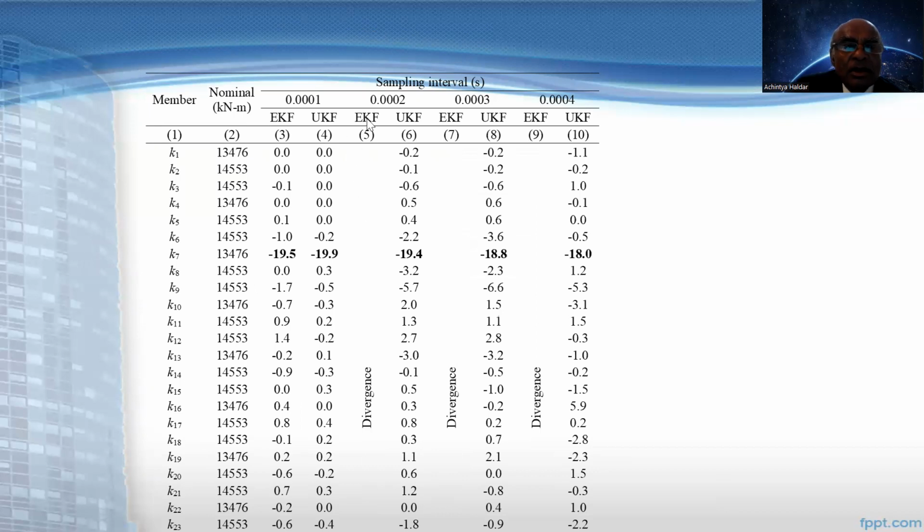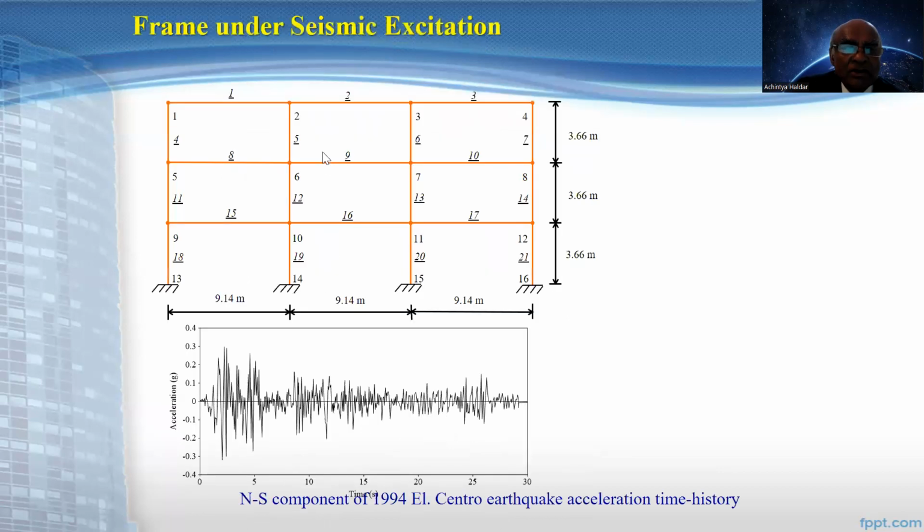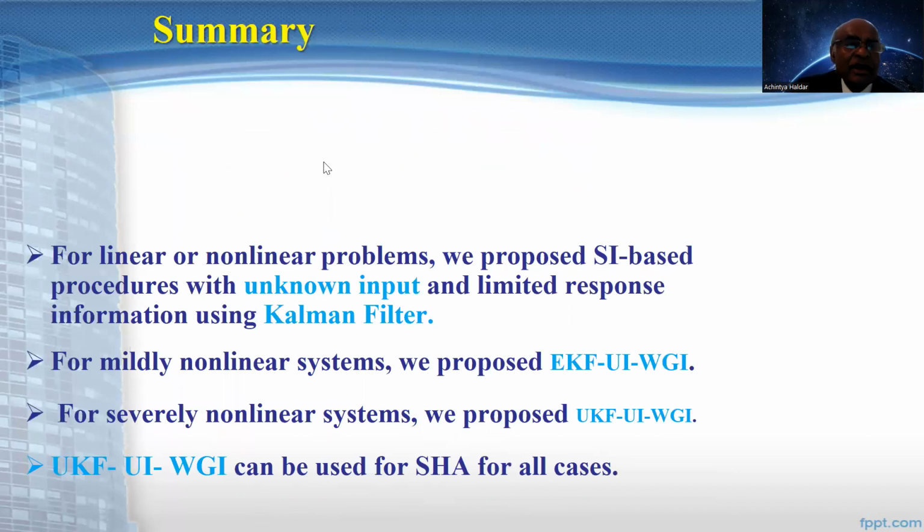But when I increase the sampling interval a little bit, the EKF does not converge, but the unscented Kalman filter does converge. We then verified the method for seismic excitation, and we took only the substructure here and identified the structure very accurately.